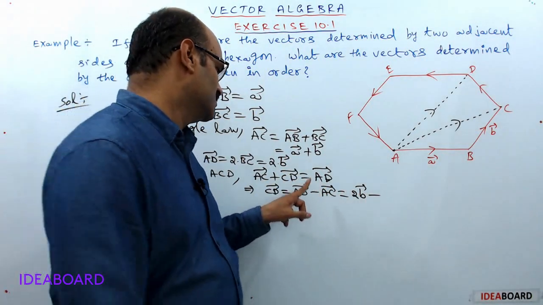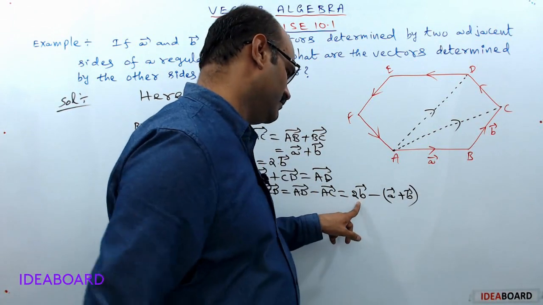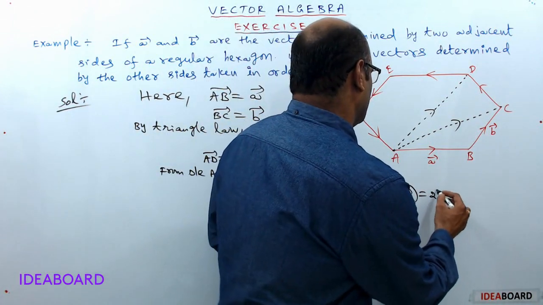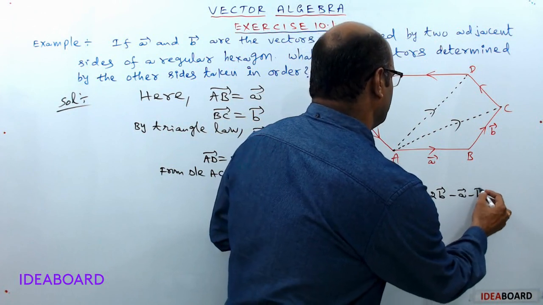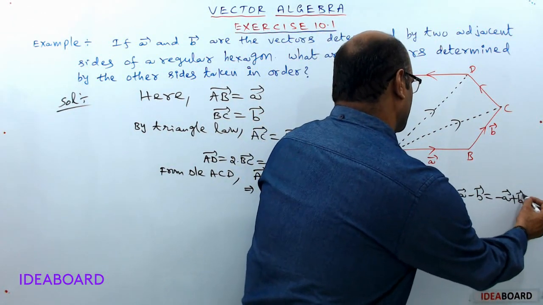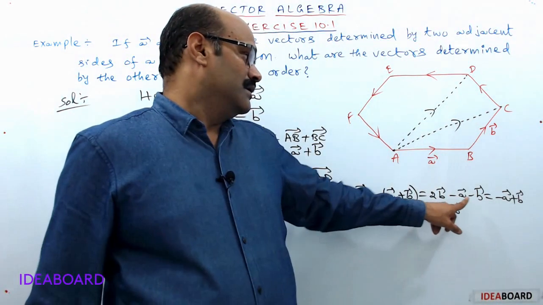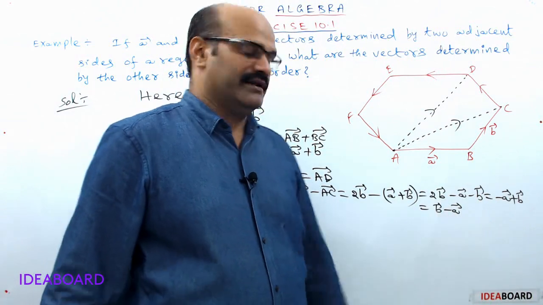Since we have minus, put it in brackets: 2B vector minus A vector minus B vector, which equals minus A vector plus B vector. So we are getting B vector minus A vector.